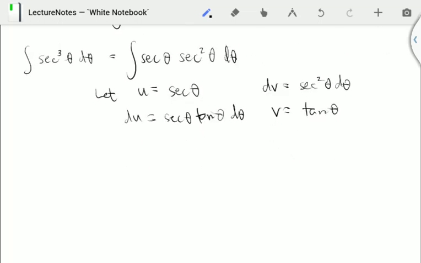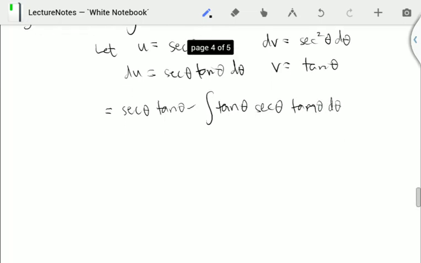Now when we use integration by parts, you have uv, so you have sec theta tan theta minus the integral of v du. So v is tan theta, du is sec theta tan theta d theta. That is your v du.